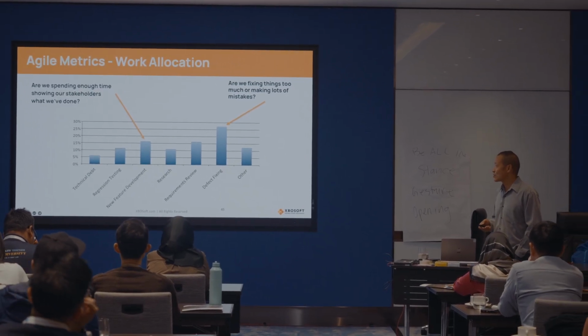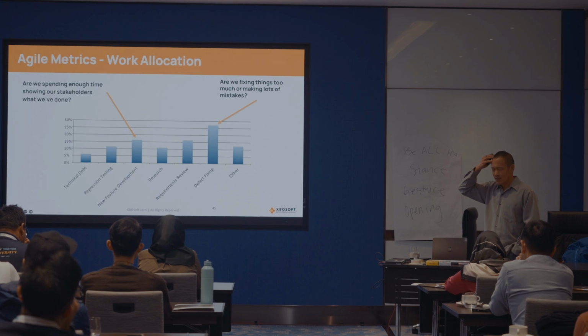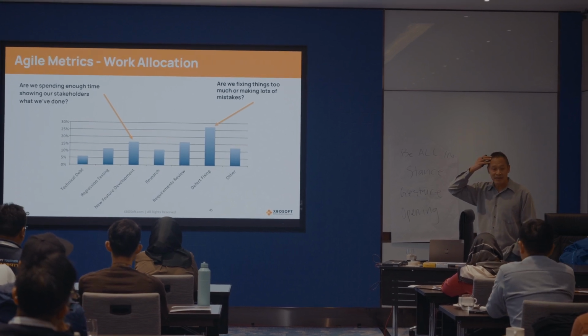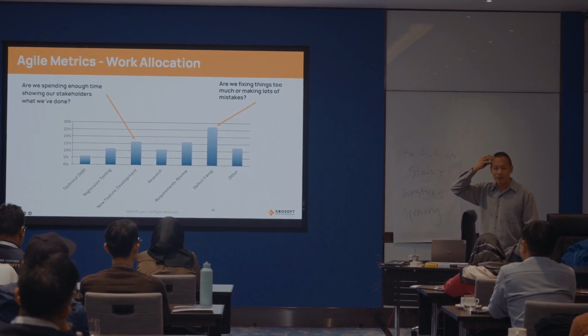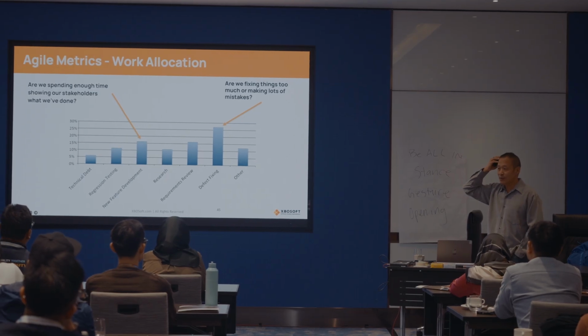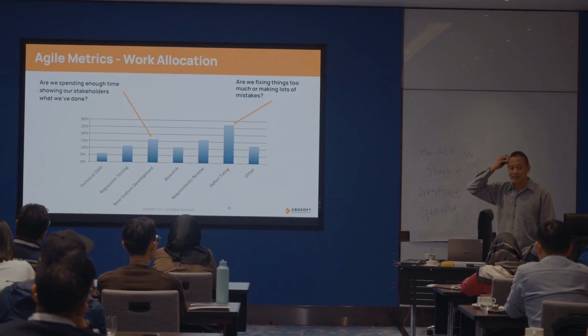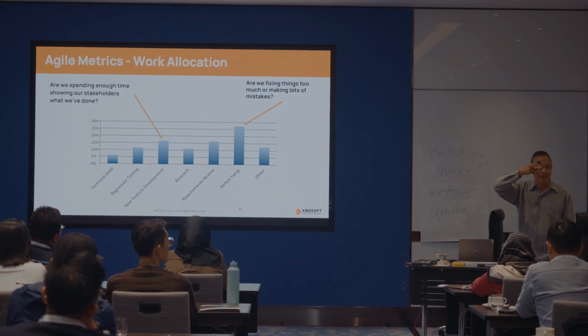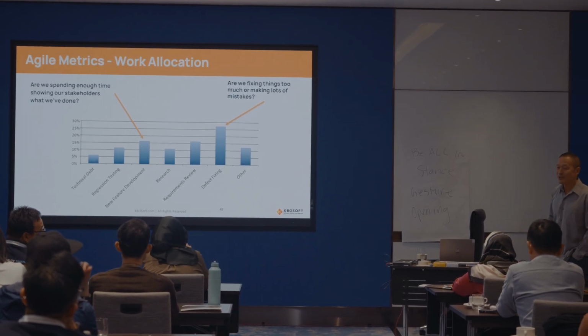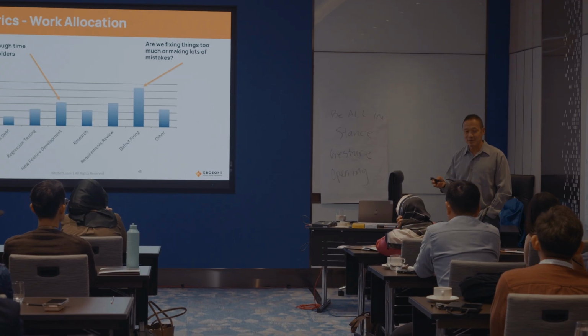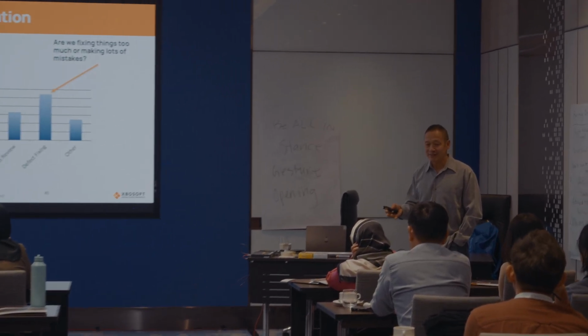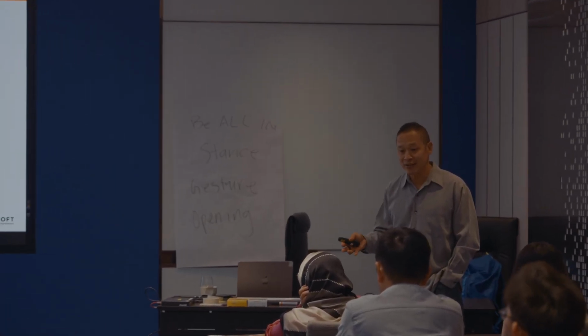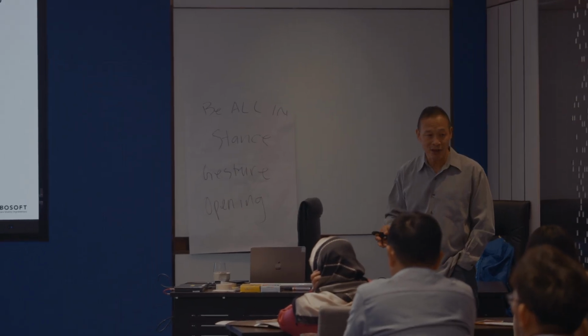Work allocation. So I think one of you guys mentioned, where are the testers spending their time? Right? Who raised that issue about where are testers spending their time in the value? I think it was you. Yeah. Right? So it's important for testers to track what they're doing. Are you writing test cases? Are you executing test cases? Are you reviewing requirements?